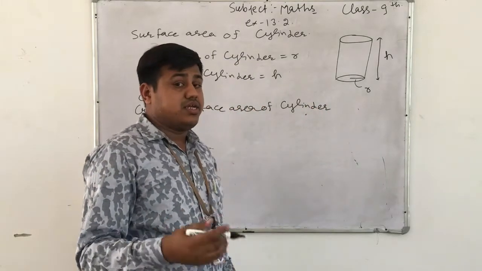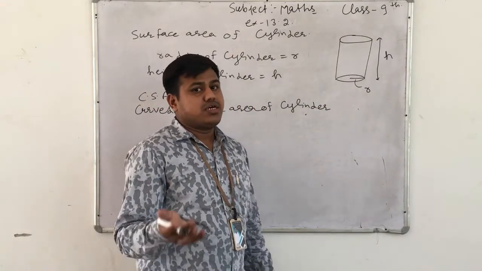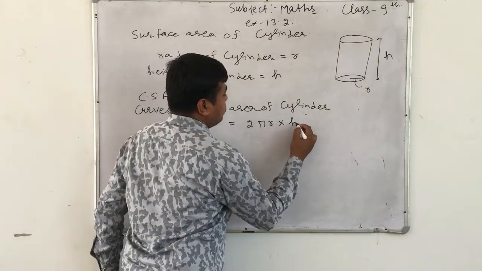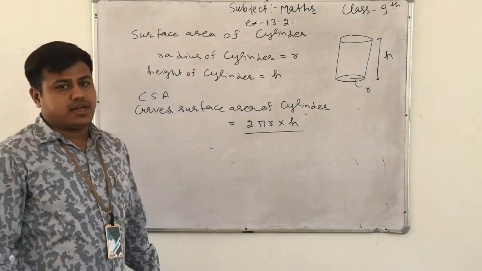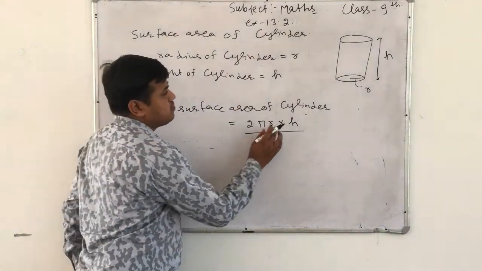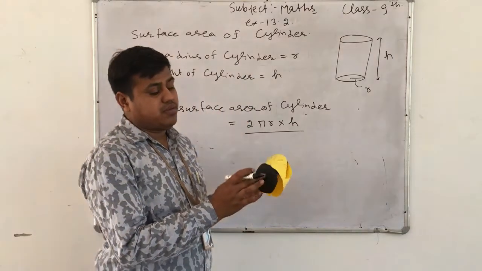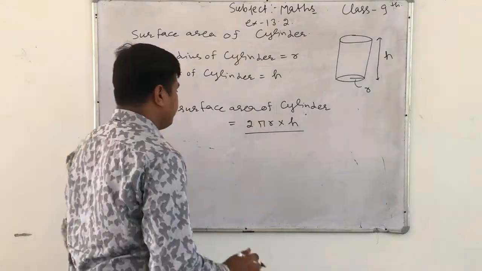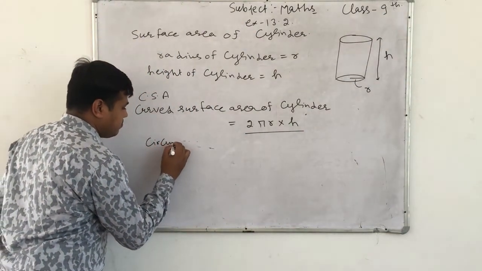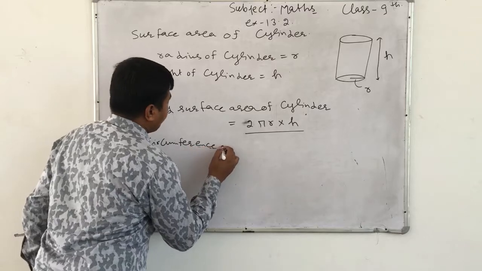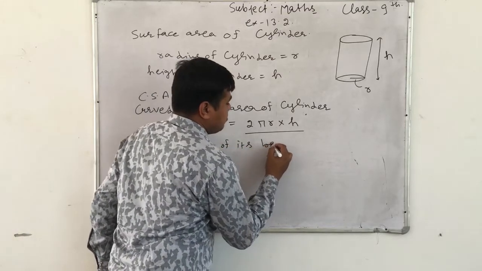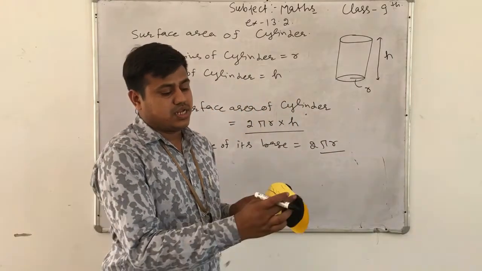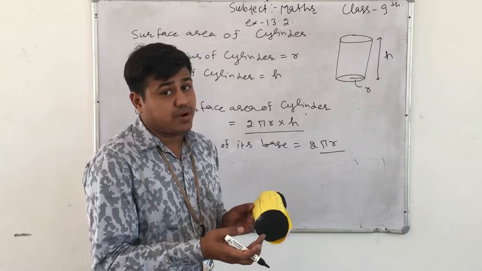In previous classes, in 8th class, we also discussed the curved surface area of a cylinder, that is 2 pi r into h. We know that the base of the cylinder is in circular shape, so the circumference of its base is 2 pi r.